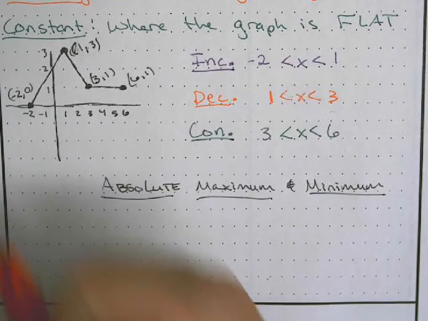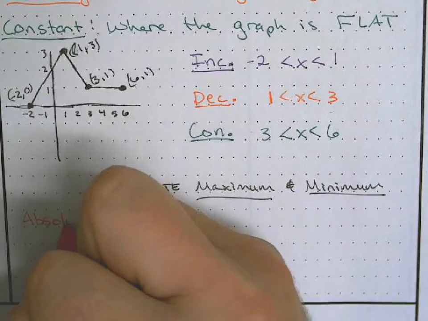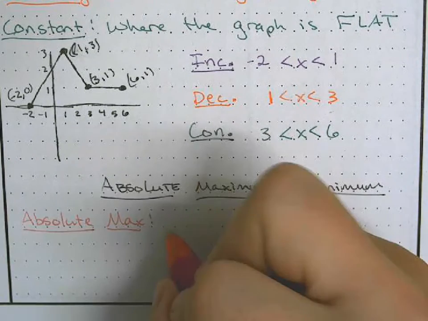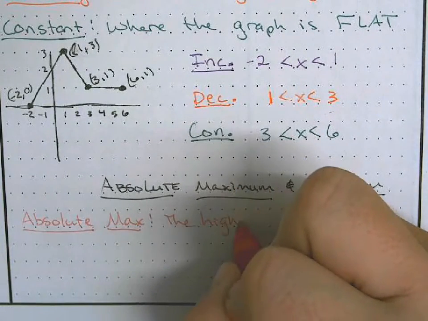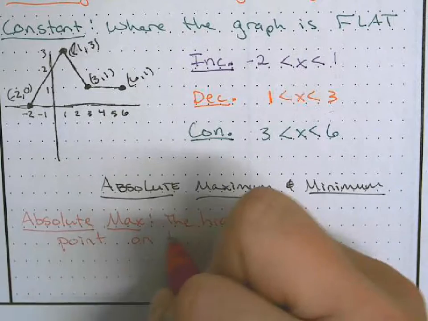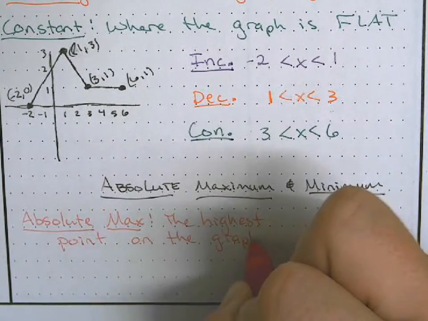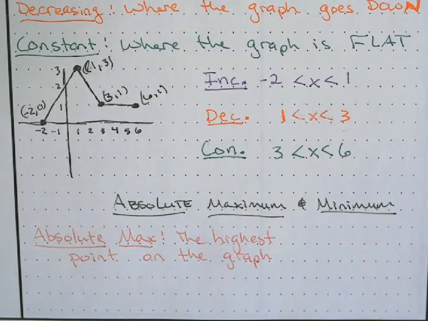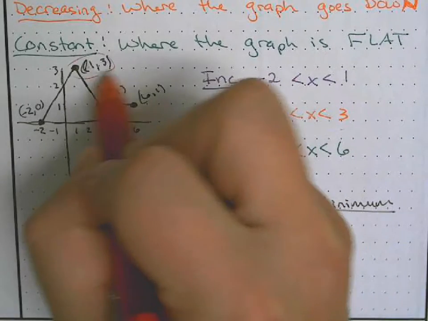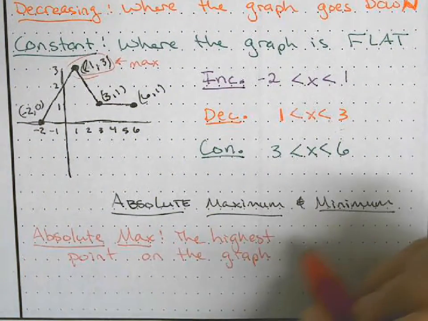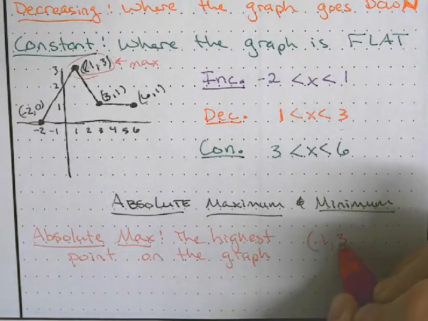So the absolute max is the highest point on the graph. So using our above graph right here, which point is the highest point on the graph? Well, right here. So that's our max. So we would say the highest point on the graph. And for this particular one, we would say it's 1, 3.